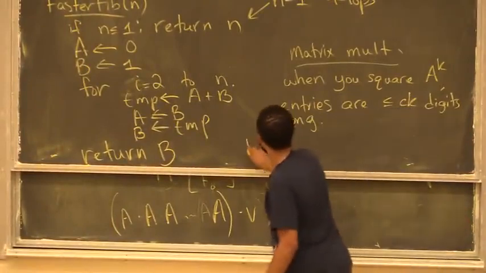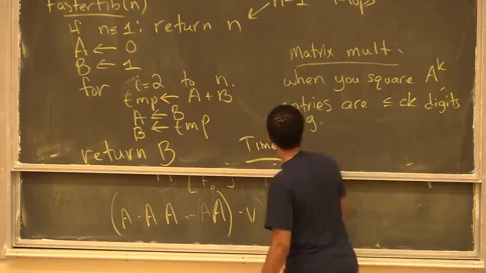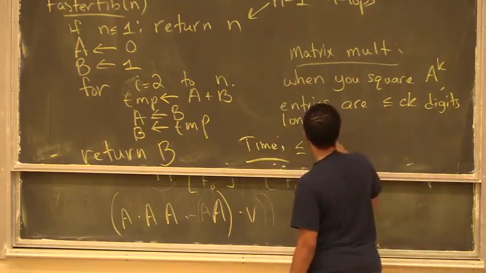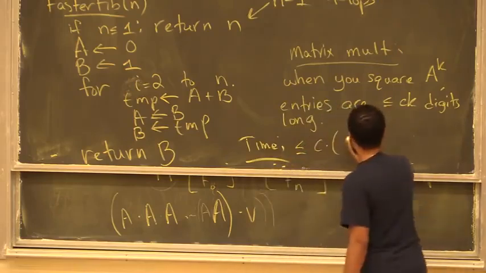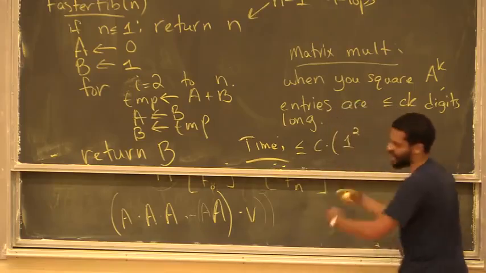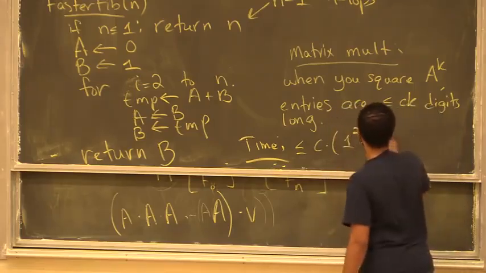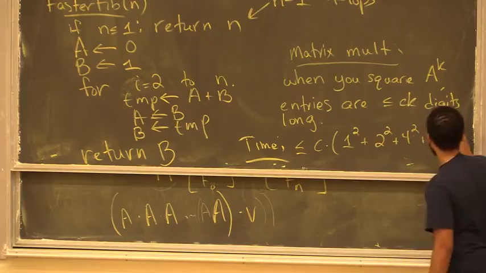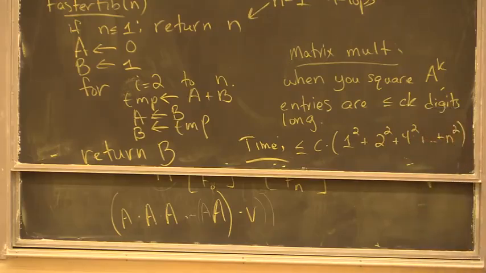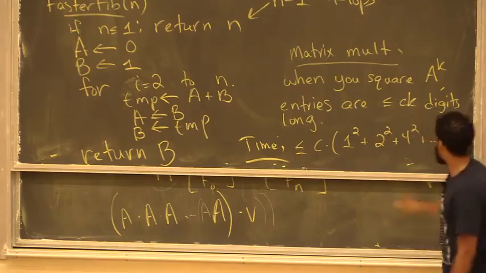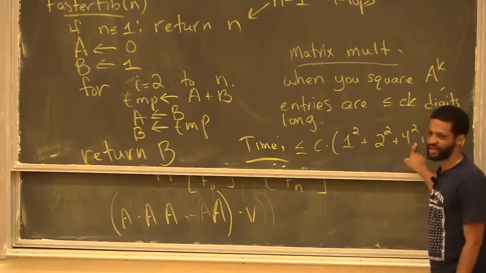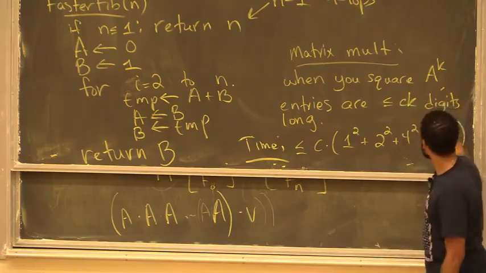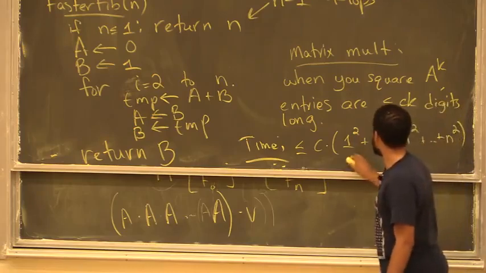So the total time is something like, at most, c times 1 squared to multiply these two one-digit numbers, plus 2 squared, plus 4 squared, plus up to n squared. All of these along the way are not n digits long. That's what I'm trying to say. The intermediate results are shorter numbers. And this sum turns out to be O of n squared.